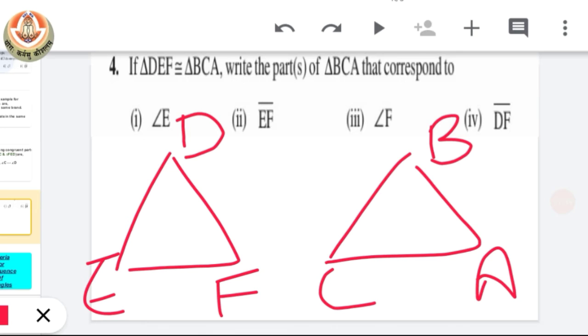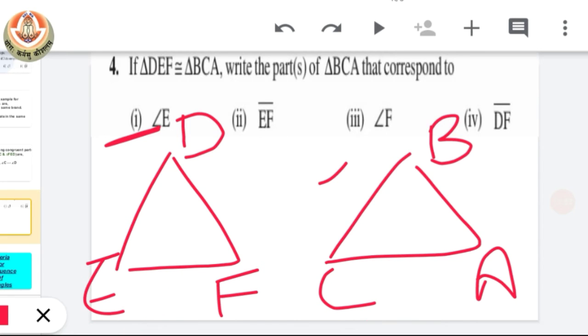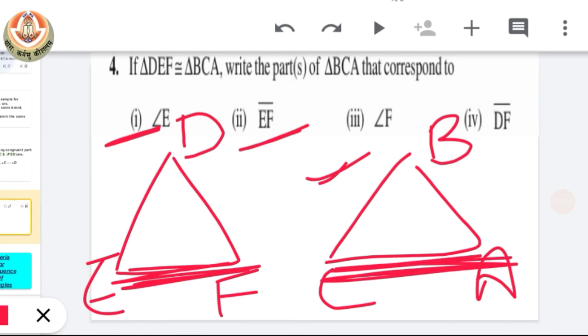First, which part corresponds to angle E of the first triangle? We can see angle C corresponds to angle E. Next, which part of BCA corresponds to side EF of the first triangle? So CA corresponds to EF.